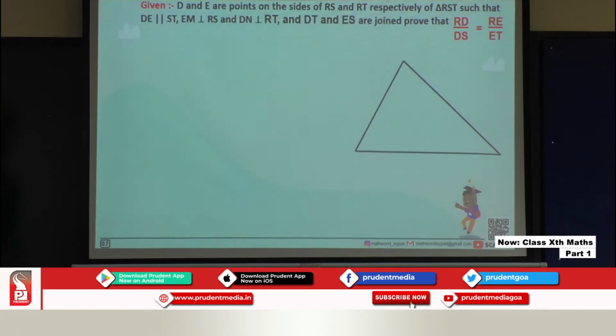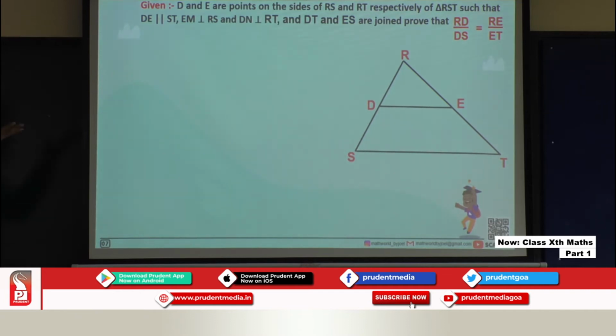So here I have a triangle, and D and E are points on RS and RT, right? D and E are two points on triangle RST such that DE is parallel to ST. So let's draw a parallel line. DE is parallel to ST. EM is perpendicular to RS.